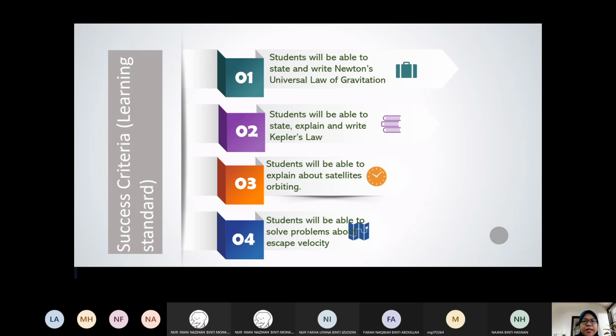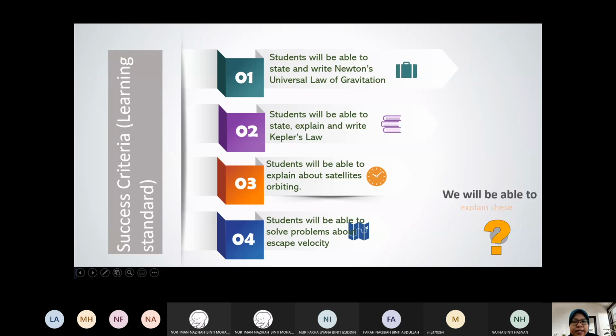And then you will be able to explain Kepler's law. Make sure also you can explain about satellites or orbiting, and then you can solve problems. If you cannot do one of these, you have to revisit this topic again.